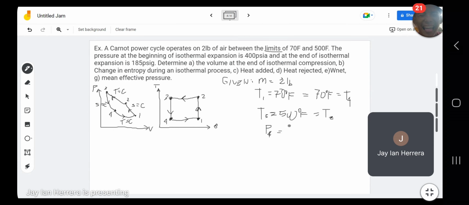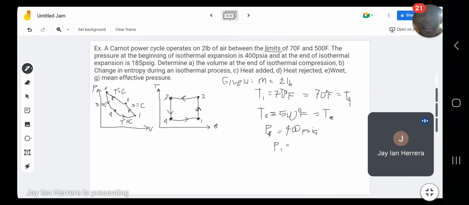And then at the end of the isothermal expansion, that is 185.